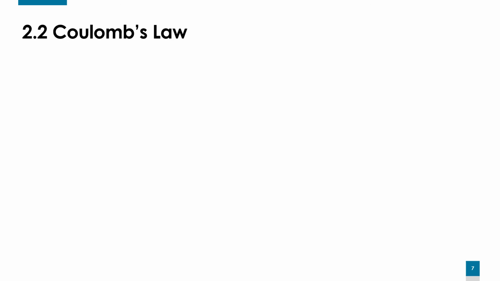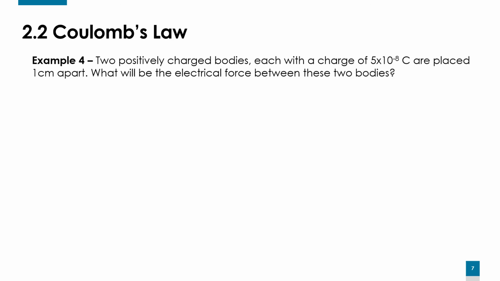Okay, so let's do one more. Last one, Example 4. Two positively charged bodies, each with a charge of 5 times 10 to the power of minus 8 coulomb, are placed 1 centimeter apart. What will be the electrical force between these two bodies? We just read. Now what we're going to do? Highlight.